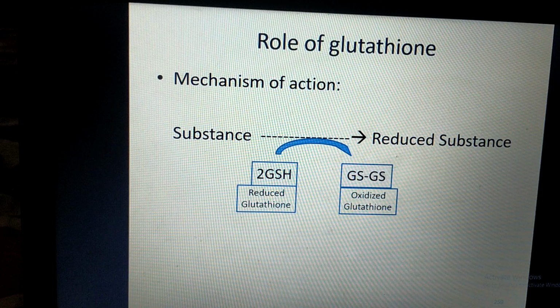So on the left side I have written 2GSH. H is the hydrogen atom which is present along with glutathione. So this glutathione is called reduced glutathione.